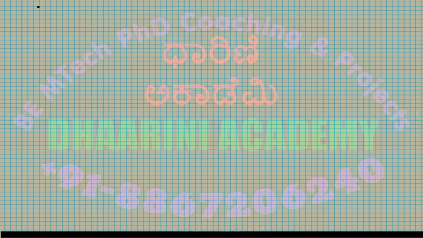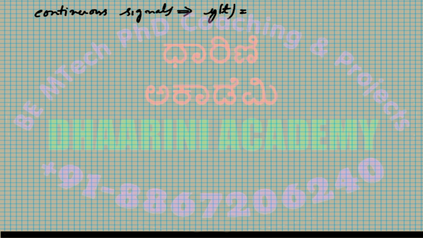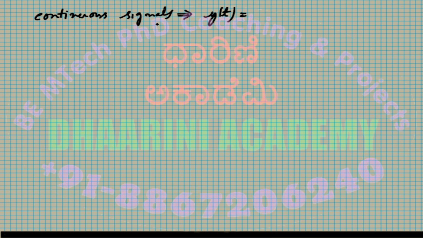Now, let us say we have slightly different versions of signals, called continuous signals. For continuous signals or functions, the convolution result y of t, where t is a continuous variable, is equal to x of t convolution h of t.